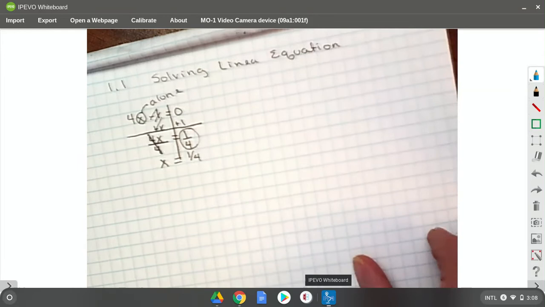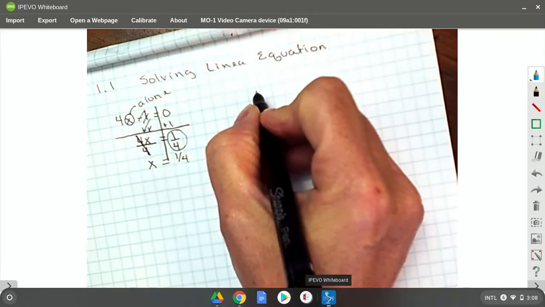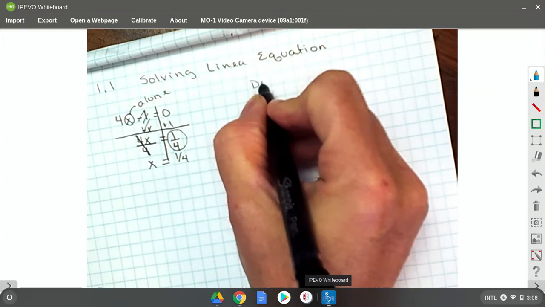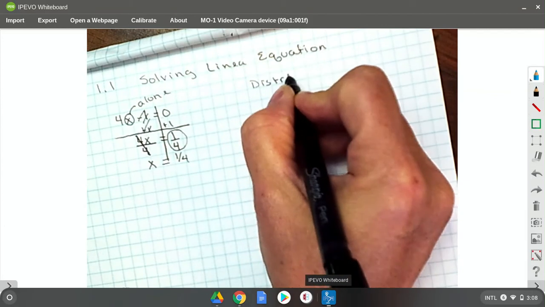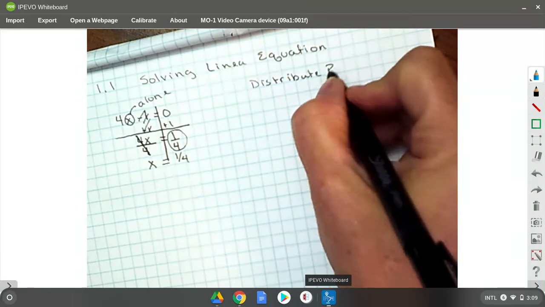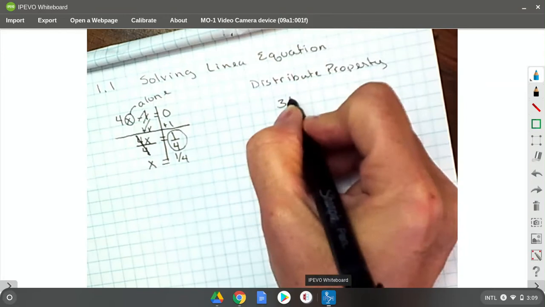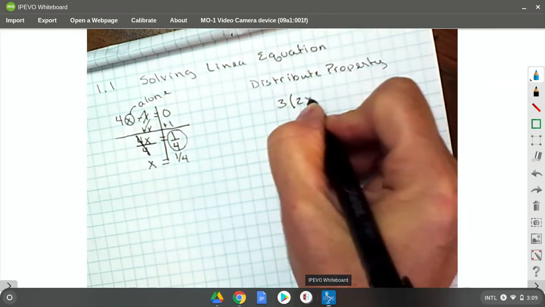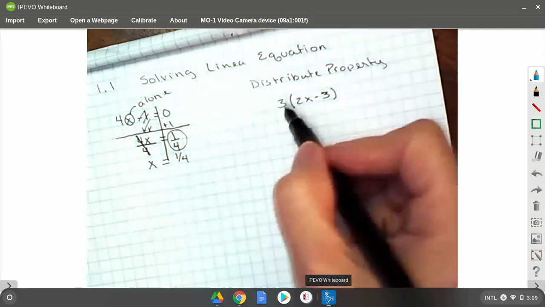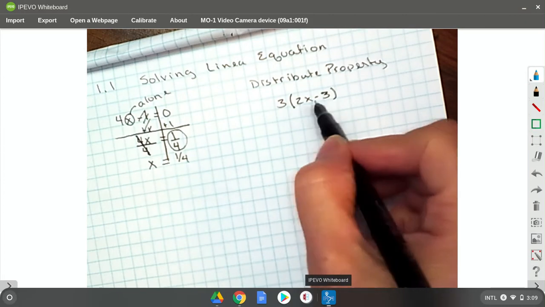All right, I'm going to step it up a little bit here, and I'm going to put in some distributive property and some like terms. Remember, distributive means to multiply, right? When you distribute what's on the outside, you have to multiply what's outside times everything inside, no matter how many terms.